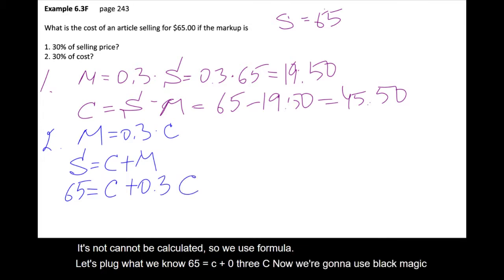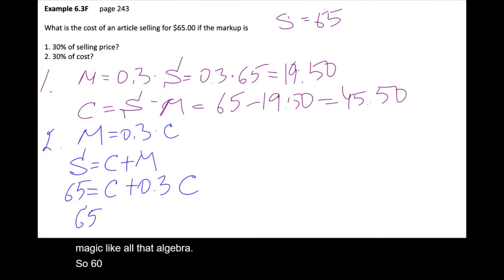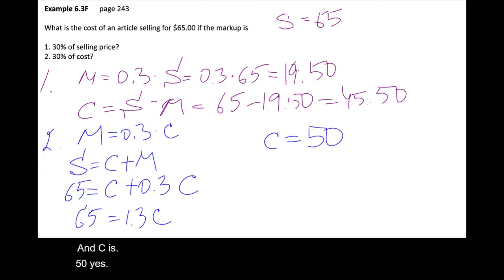I call it algebra. So 65 equals 1.3C, and C is 50. Yes, that's it. Any questions, people?